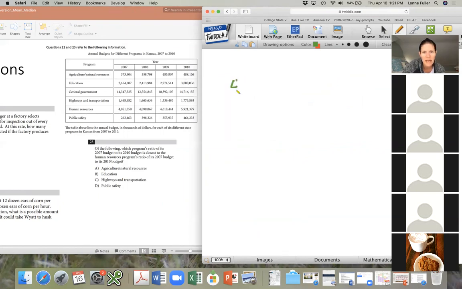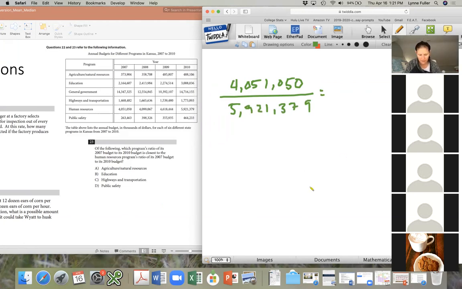So that means I would put 4,051,050 in the numerator, and then I would put 5,921,379 in the denominator. And you're going to figure out your ratio by dividing that.